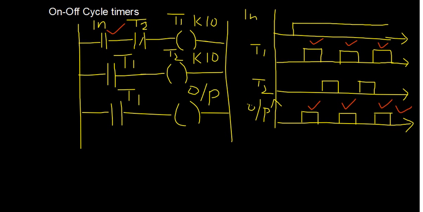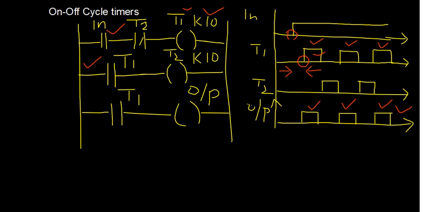Now you should be able to understand why there is a delay between this point and the timer getting activated. So now this gap, whatever we are having, also amounts to 10 seconds, right? So the timer T1 is activated for 10 seconds here, you can see from this, right? So the T1 contacts will come in the second rung, as you can see here.